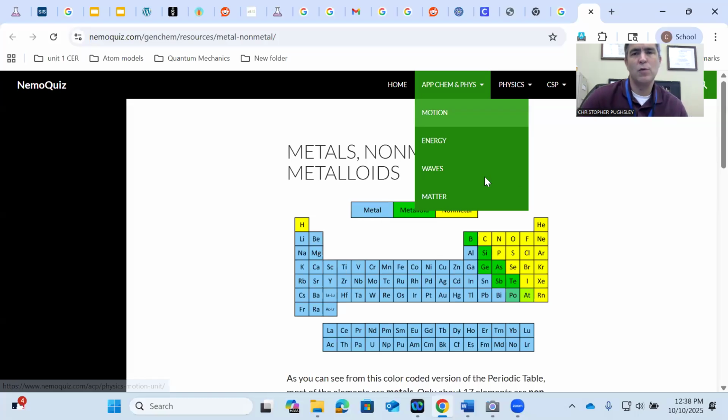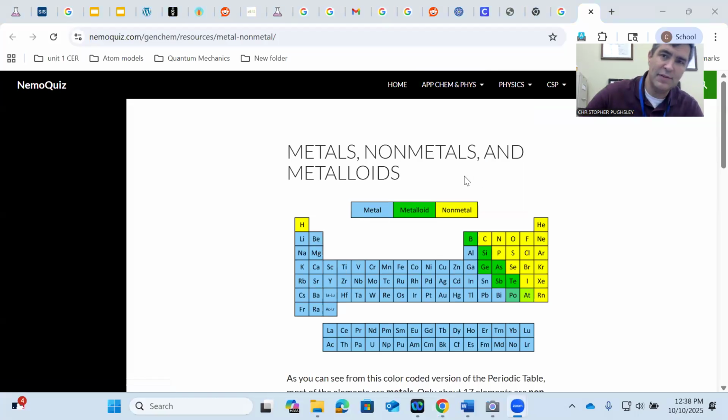Okay. One last thing that you don't have on your slides, but I do want to bring attention to, is that the periodic table, if you look right here, is mostly metals. And what are metals? They're solids. Metals are typically solids, and they're good conductors of electricity.